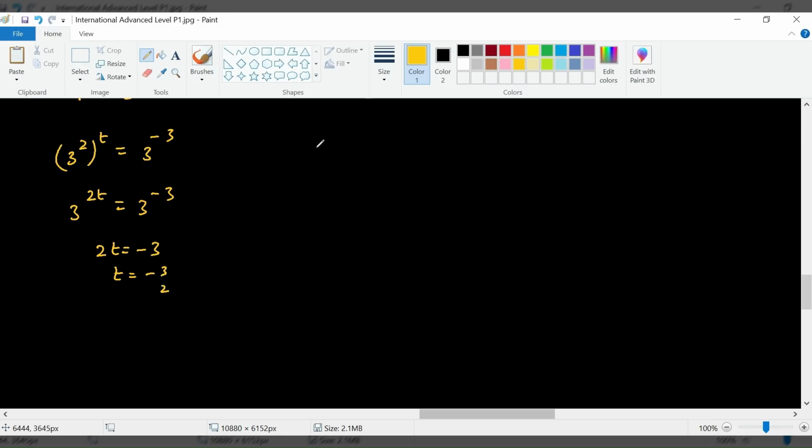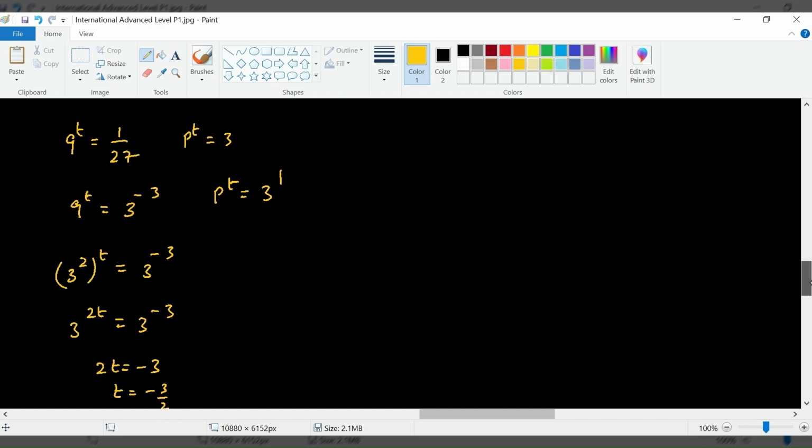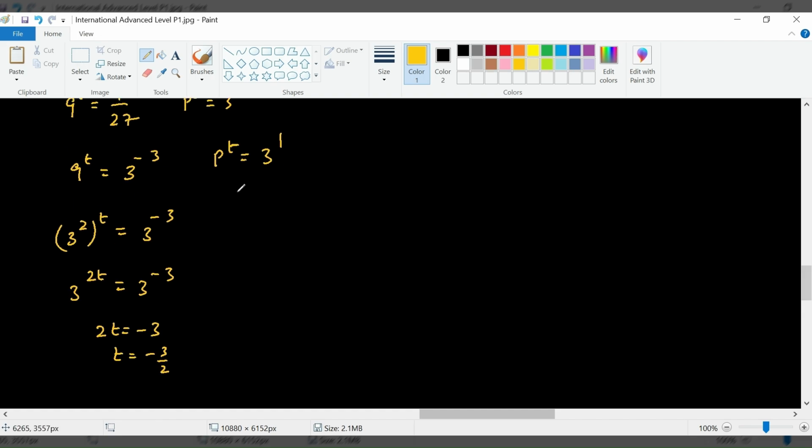And the second one is this one. I can say that 3 squared to the power t is equal to 3 to the power 1.